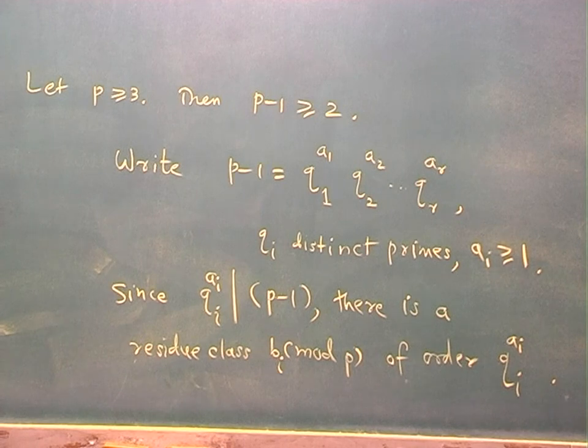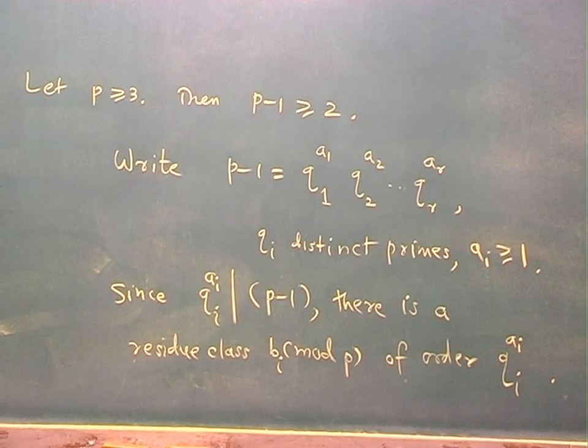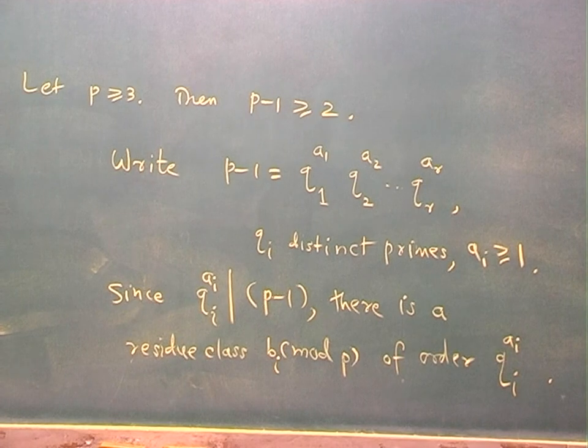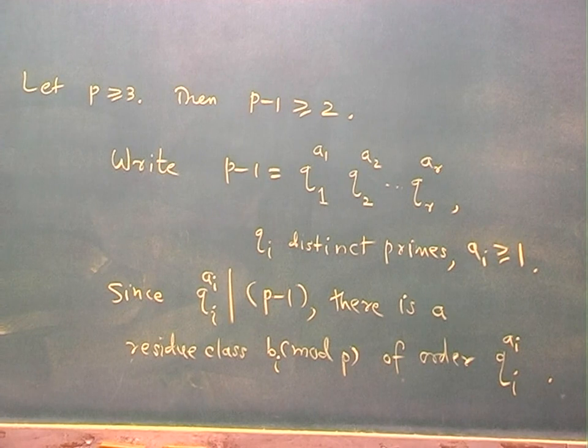Then you can have some B3 like that, and take their product, which is of order Q1 raised to A1, Q2 raised to A2, etc. So this result: if A is of order H and B is of order K mod M and H and K are coprime, then what is the order of AB? It is equal to the product of orders, H times K. That's what we have to use again and again.